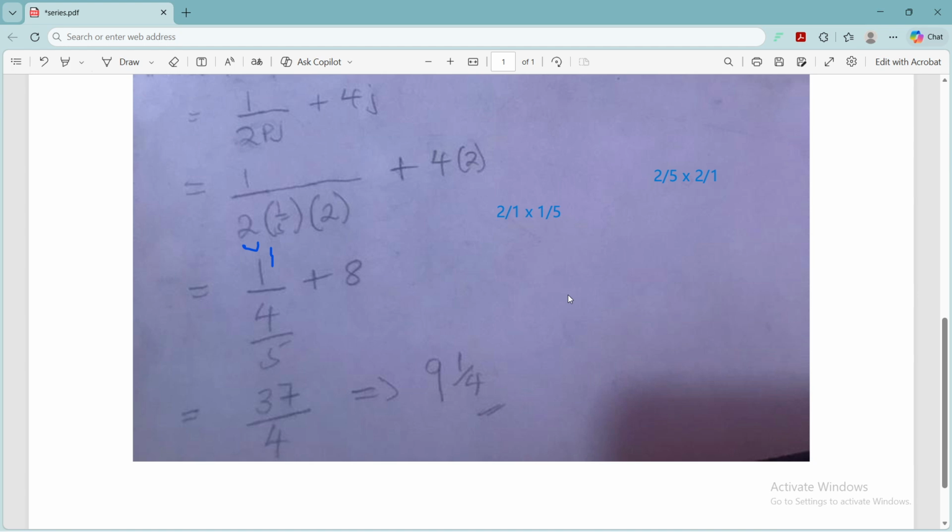9 ones are 9, 9 twos are 18, 9 threes are 27, 9 fours are 36, right? So it's going to give us 72. So we have 1 plus 72 over 9, right?